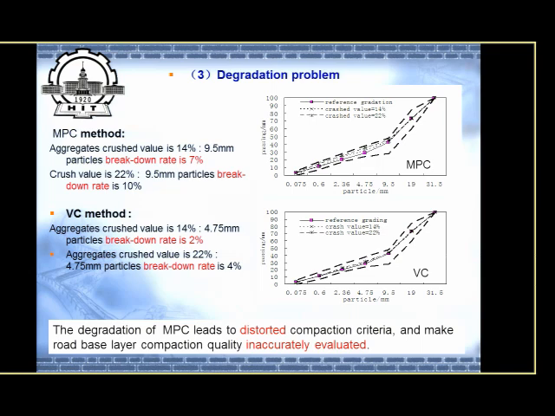So this degradation will lead to distorted compaction criteria and make road-base field compaction quality inaccurately elevated. So what we can do is change the fabrication methods to overcome this problem.